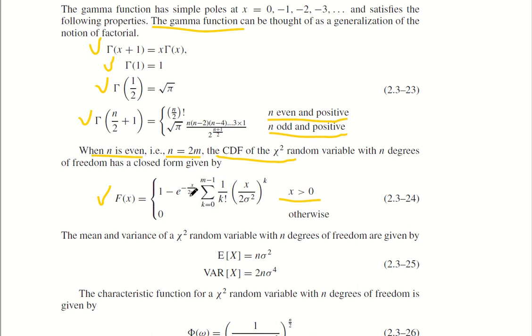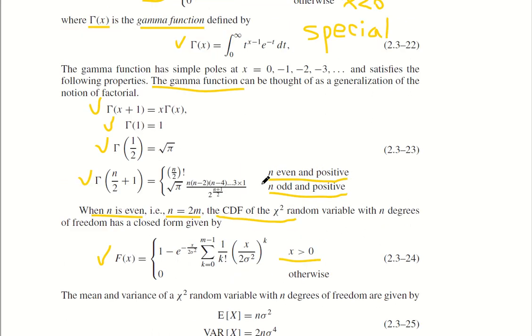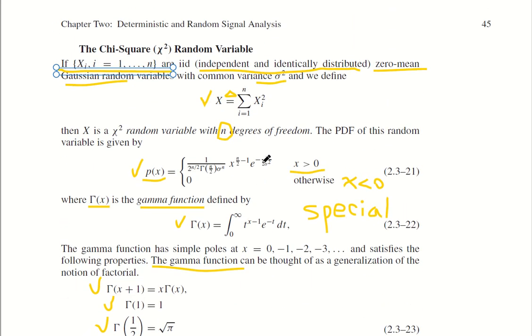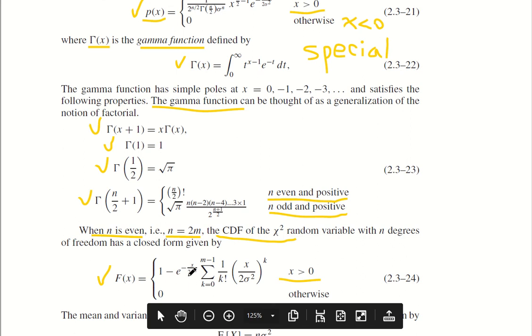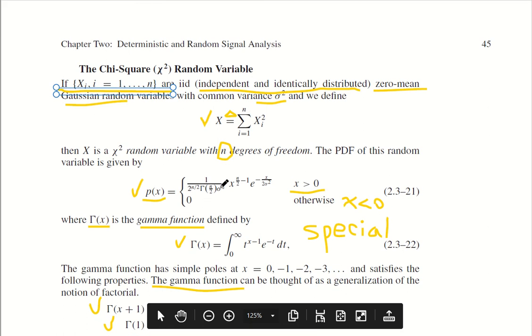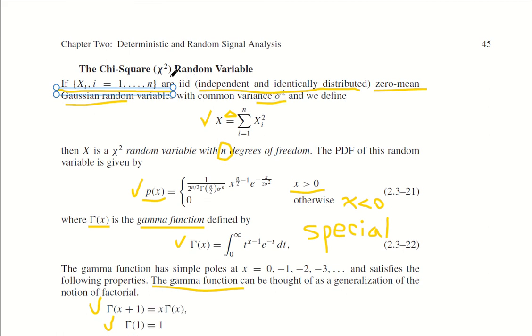And recall that sigma, it's a tiny font, but it's a sigma. Sigma is the standard deviation for the Gaussian random variable.